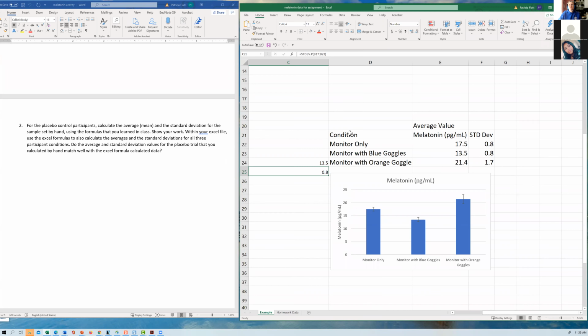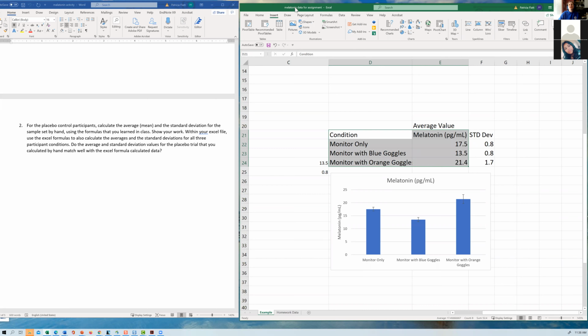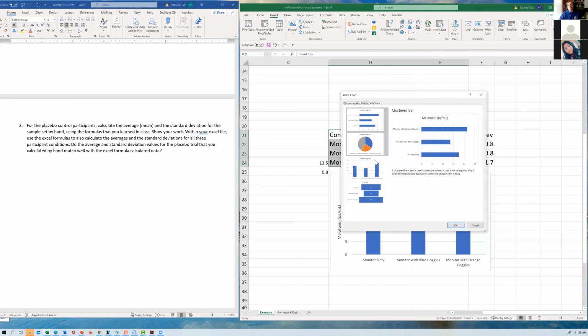So if I grab these guys, well, oh, no, I only want to grab the first two to make my graph. You can insert, where's my graphs? Oh, over here. So here you can have a recommended chart. So I'm going to go in and click on that. I want this kind of chart here. So I'm going to click on that.